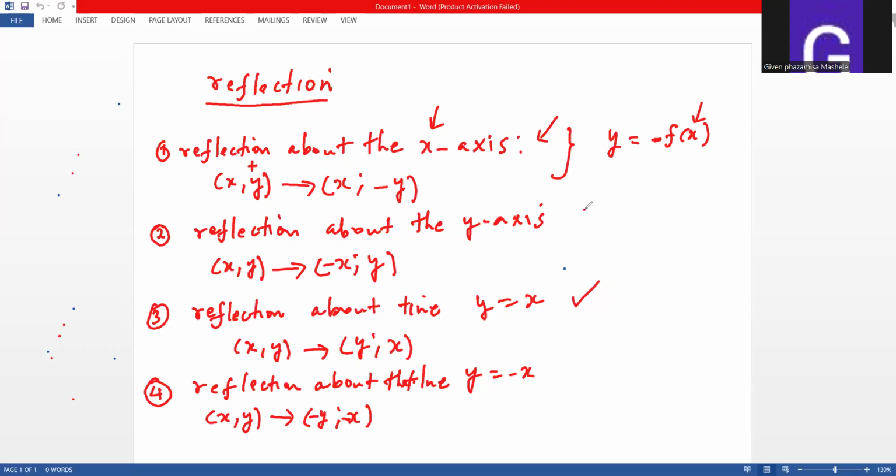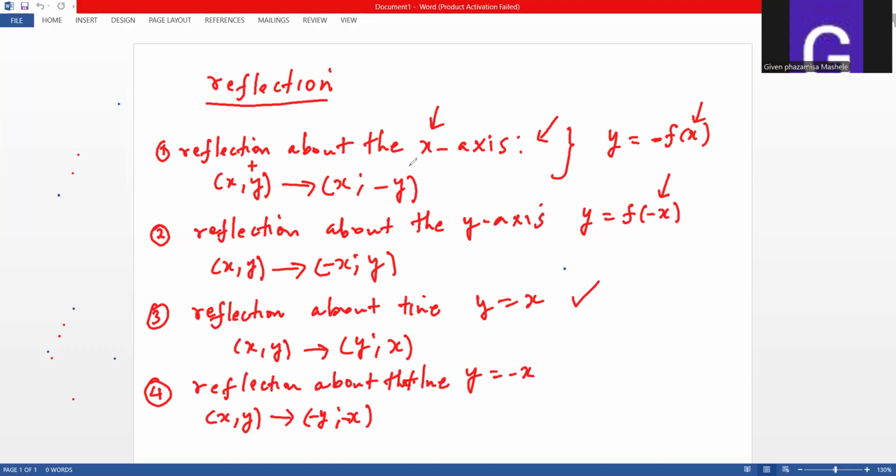But a reflection about the y-axis means the y did not change. What has changed is the x. It means the x is the one that becomes negative. So this is the reflection about the y-axis. It's very important that when you're given a function, you are able to explain its transformation.